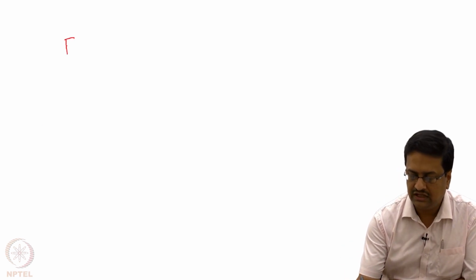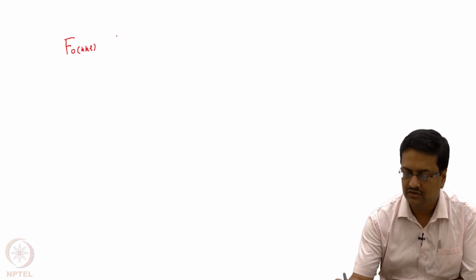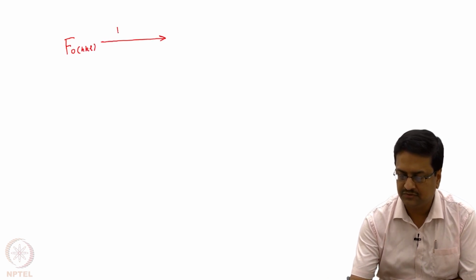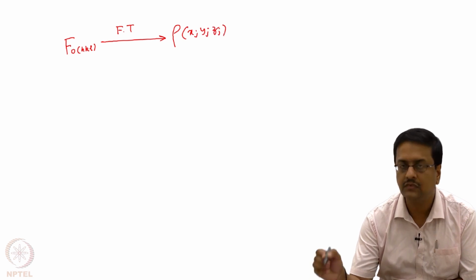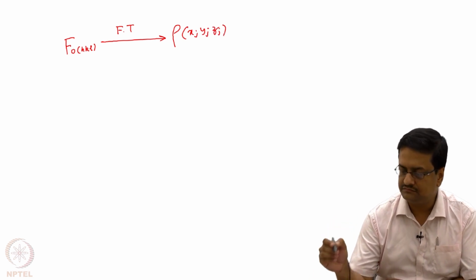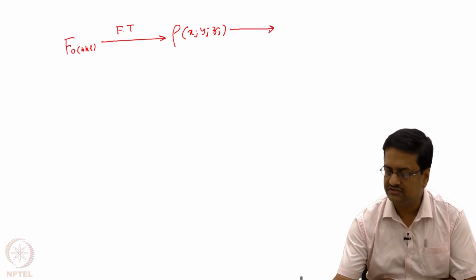So what we have is, I write it once again here, a large set of F observed HKL. We do a Fourier transformation to get a set of rho Xj, Yj, Zj, which gives me the starting model.